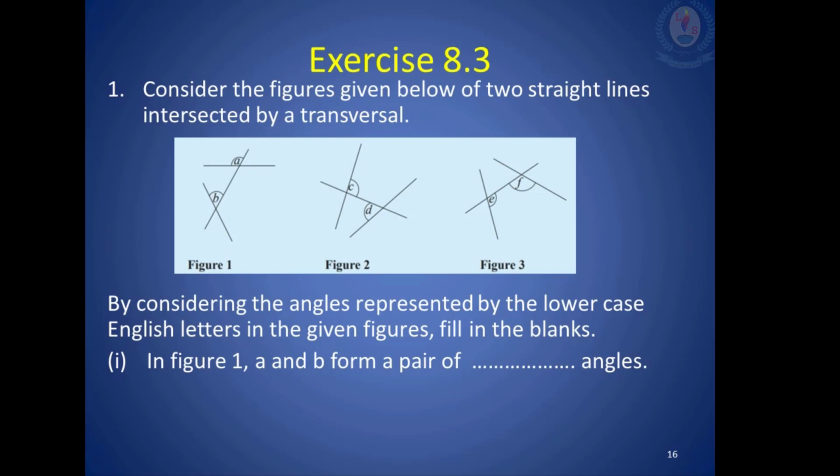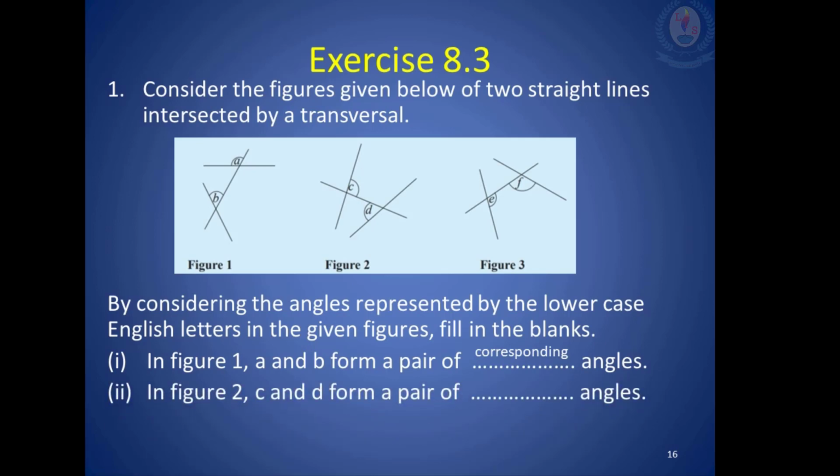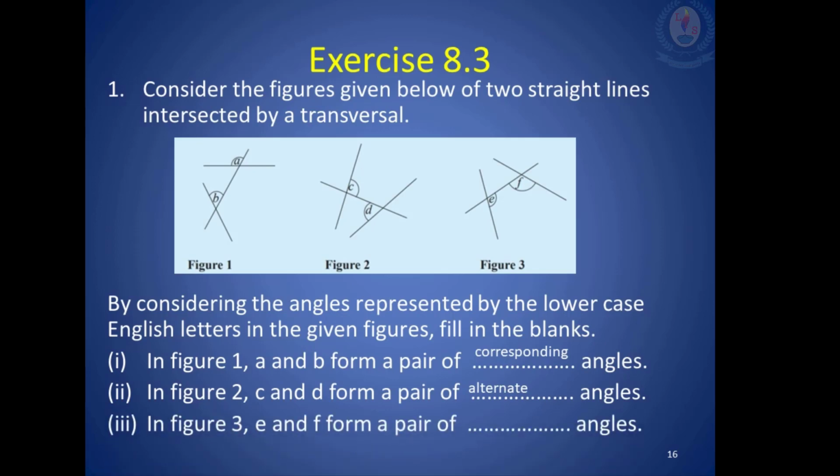This is like letter F, corresponding angles. Part 2. In figure 2, C and D form a pair of which angles? Alternate angles. This is like letter Z. Part 3. In figure 3, E and F form a pair of, we can see, allied angles. This is like letter U.